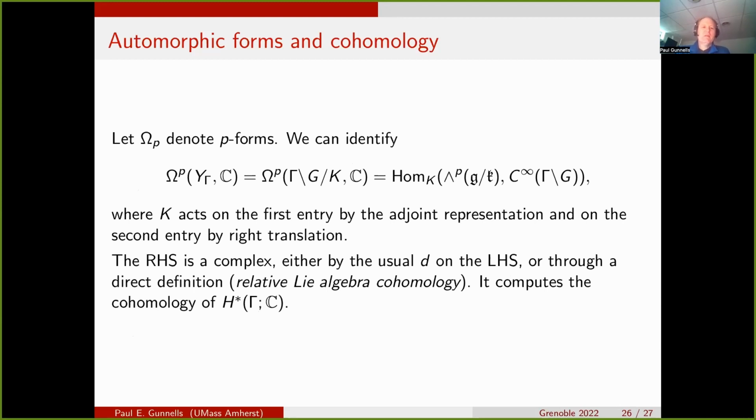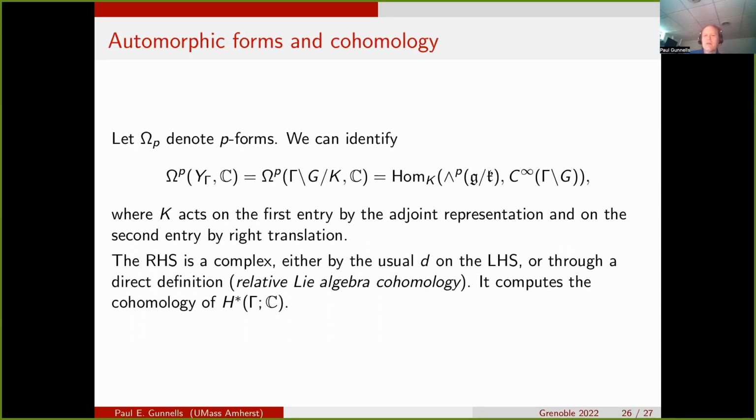So we're looking at the differential p-forms with complex values on that space. The key here is to identify those p-forms with the object on the right: the K-homs from the pth exterior power of g, the funny-looking letter on the other side of the slash is actually a K, the Lie algebra of K.